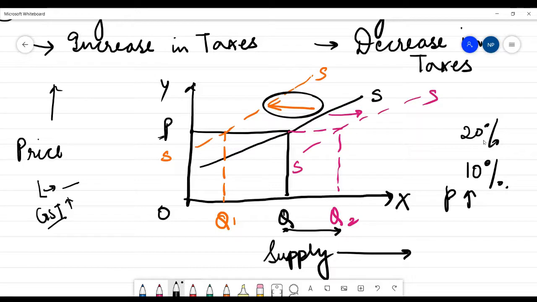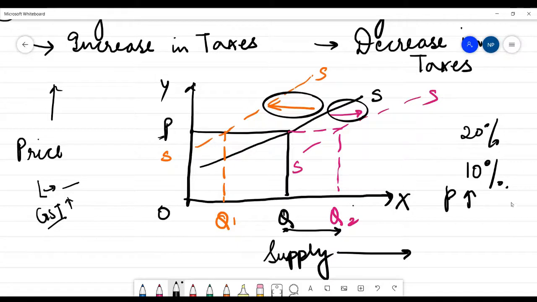Why? Because the cost of production will also fall. So over here, this will increase the supply from OQ to OQ2, and hence you can see this pink color supply curve will shift from the black curve to the right side, and therefore it will denote that there is an increase in the quantity supplied.